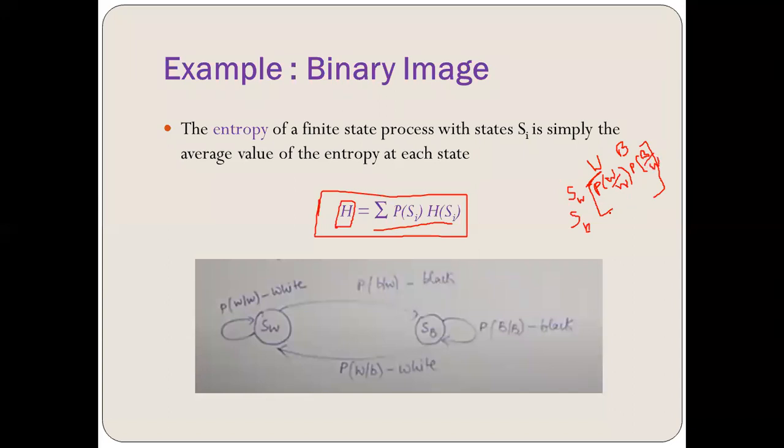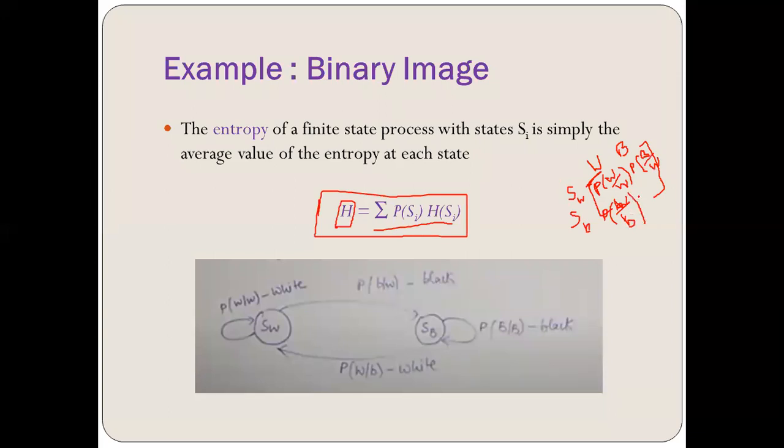Right? Now here, what is it? Getting white after the black. So, probability of getting white after the black, P(W|B).